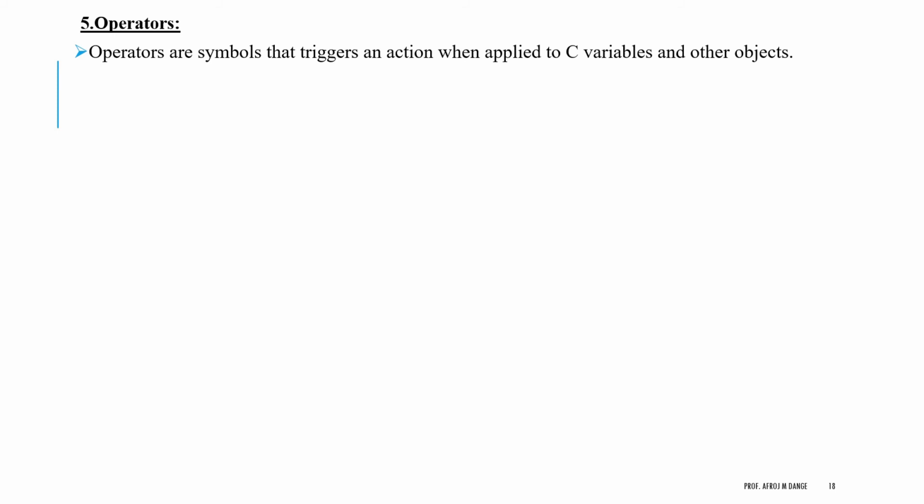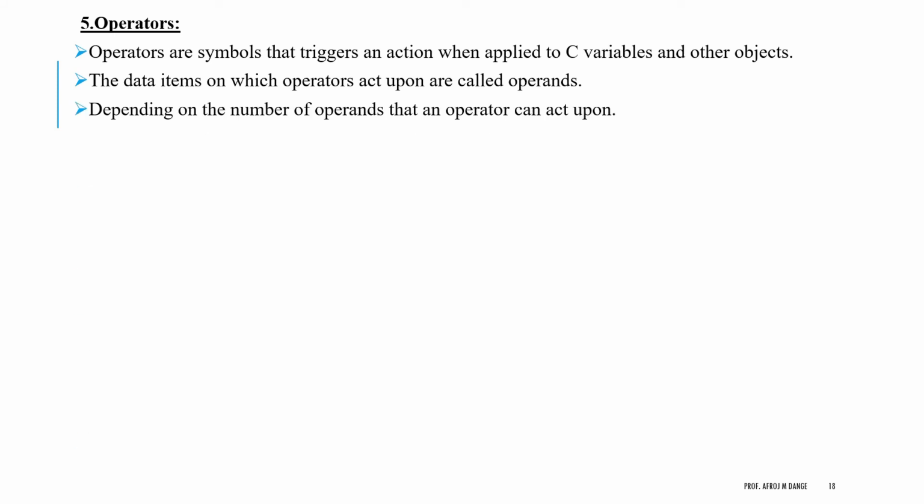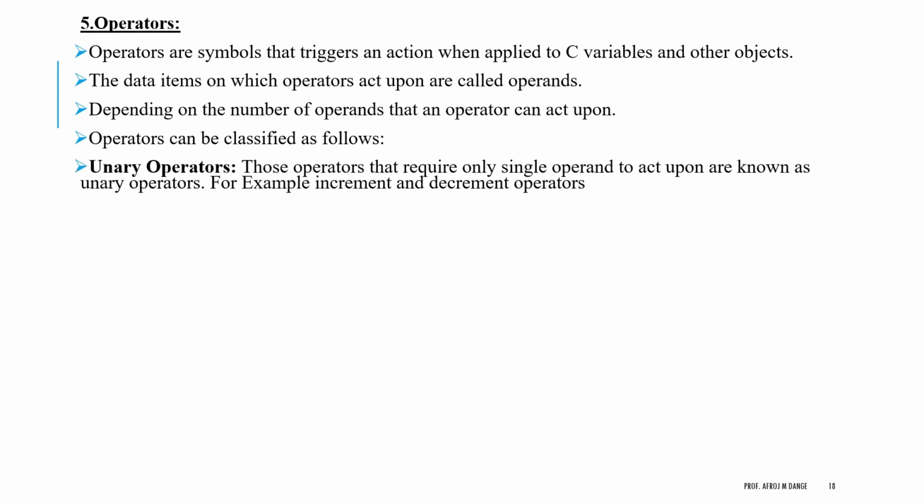We can define operators as symbols that help us to perform specific mathematical and logical computations on operands. The data items on which operators act are called operands. Depending on the number of operands that an operator can act upon, operators can be classified as follows.